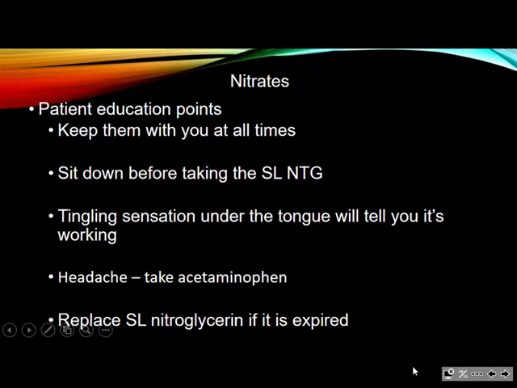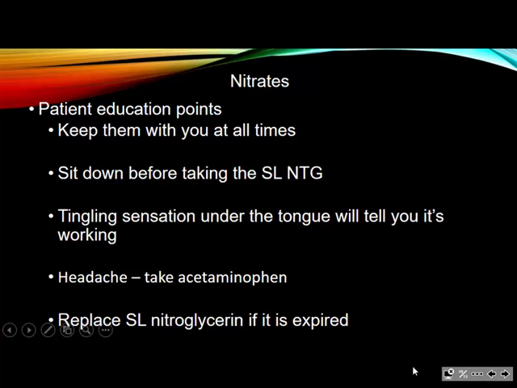But you definitely want to make sure with variant angina or with stable angina or with acute coronary syndromes, they have no idea when some of these things are going to occur, that they have the immediate sublingual nitroglycerin with them for their acute attacks. Sit down, and then as you just heard about, if they get that tingling sensation under their tongue from the vasodilation, they know that the medicine's working.